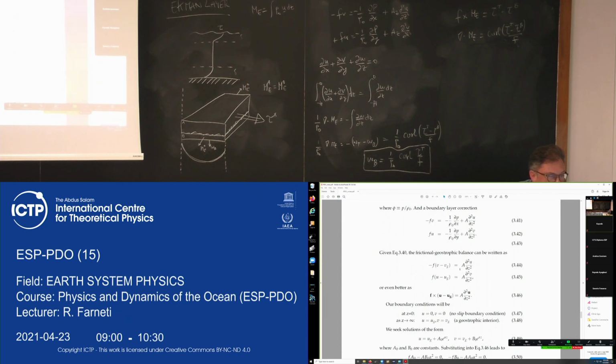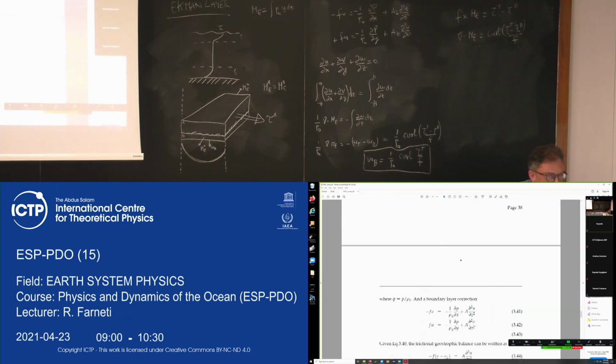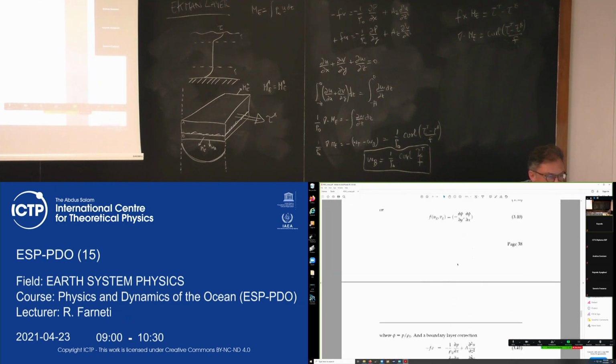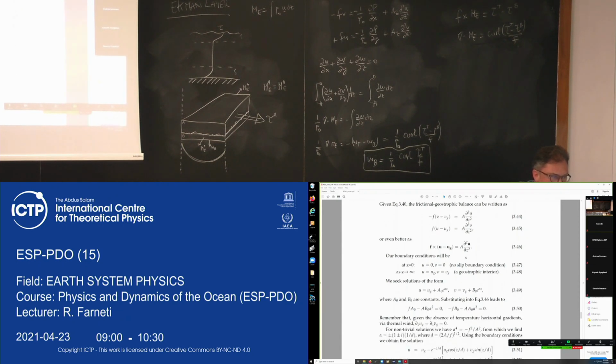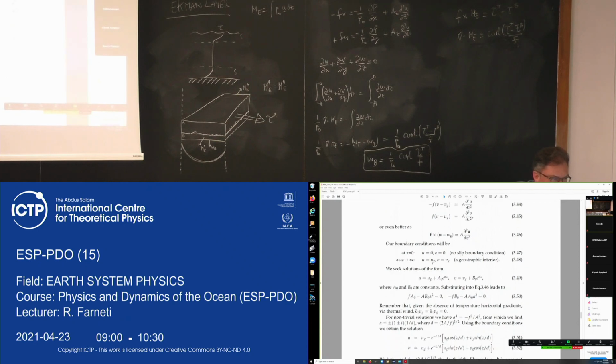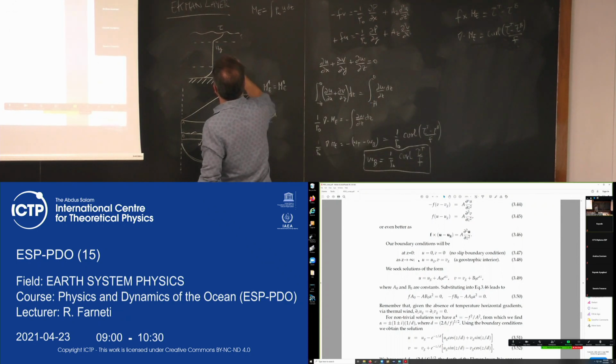So you can put them together and the pressure gradient goes away with this. So if you do the total U minus the geostrophic U, the pressure gradients go away. And then you have to put boundary conditions to this. So at the surface, U and V are equal to 0. And as the depth goes towards infinity, then you reach geostrophic flow.